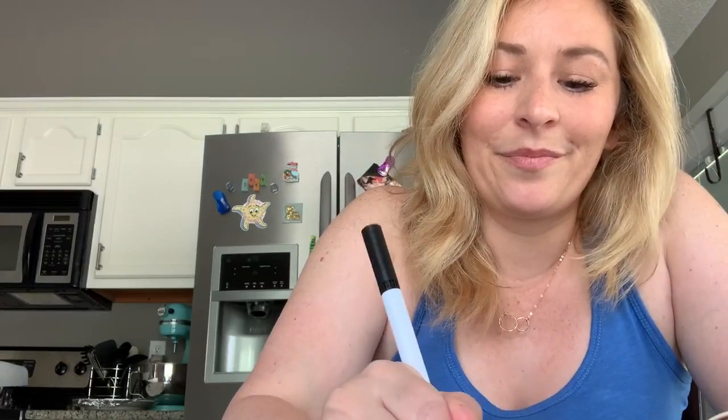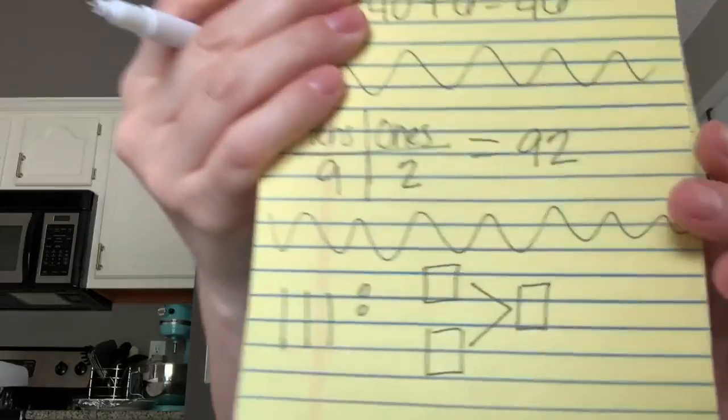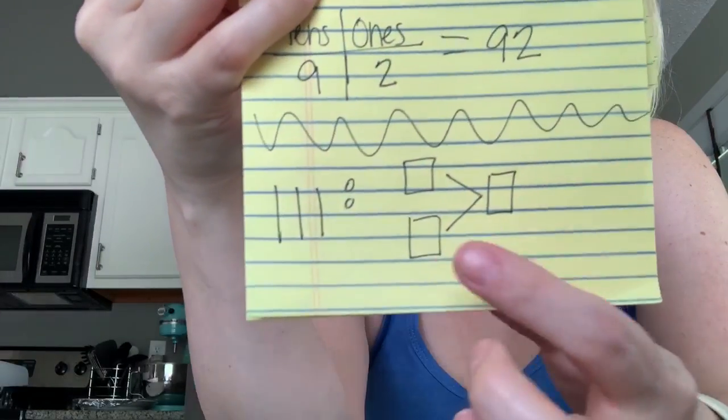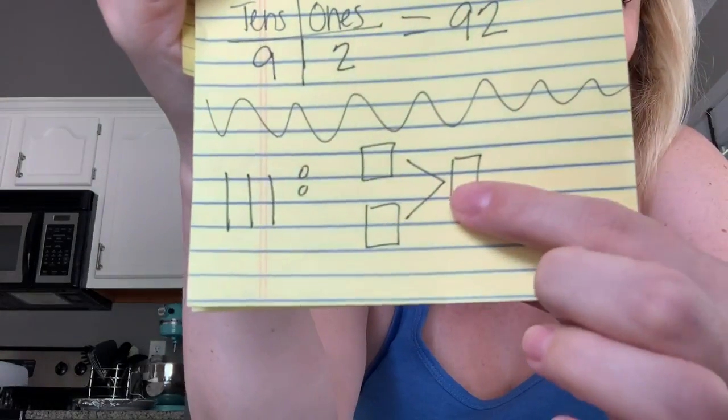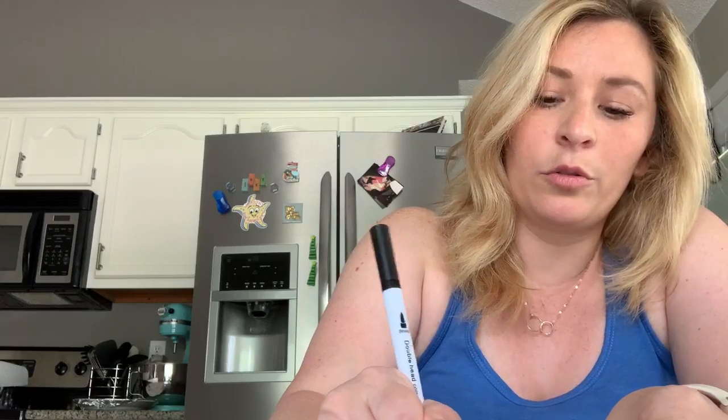Very good. Okay, so remember, number bonds, right? Part, whole. Part, whole. Where they come together to meet is your whole, so that's your entire number. So we would put 32 for our whole.